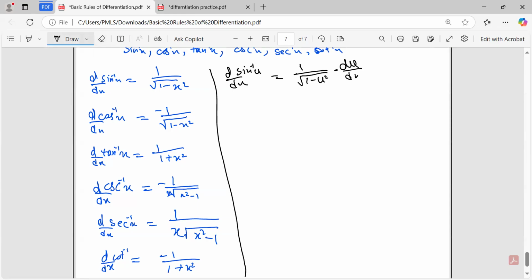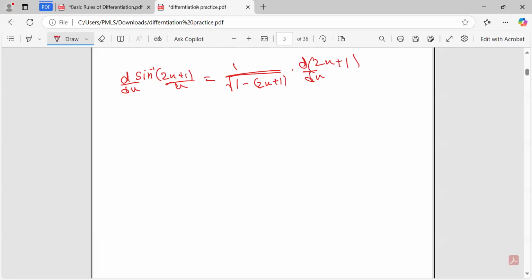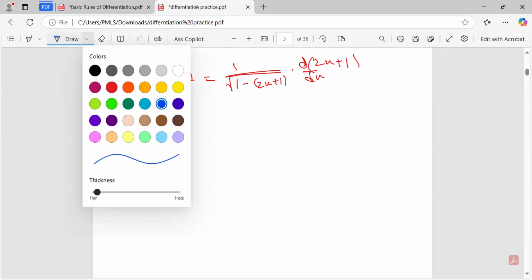If we do one example, then you will understand better. For example, you need to find the derivative of sine inverse of any function, let's say 2x plus 1. So what will be the derivative of this one? 1 over the square root of 1 minus u square, in this case u is 2x plus 1, and then take the derivative of u, that is 2x plus 1. So in this way, what will be the answer?